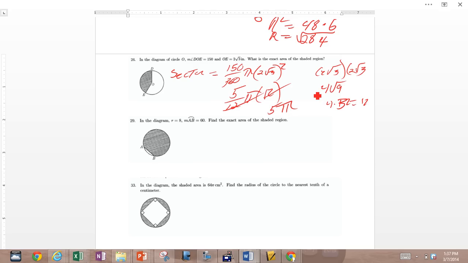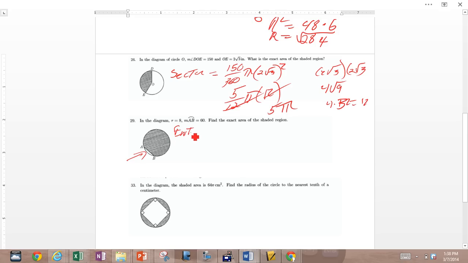In number 29, what we're looking at is that small little cap. Well, that's actually what we don't want. So we can reason it out. Let's find that and subtract it from the entire circle. Okay, that might be the easier way to go. So I'm going to find this little piece that's missing.